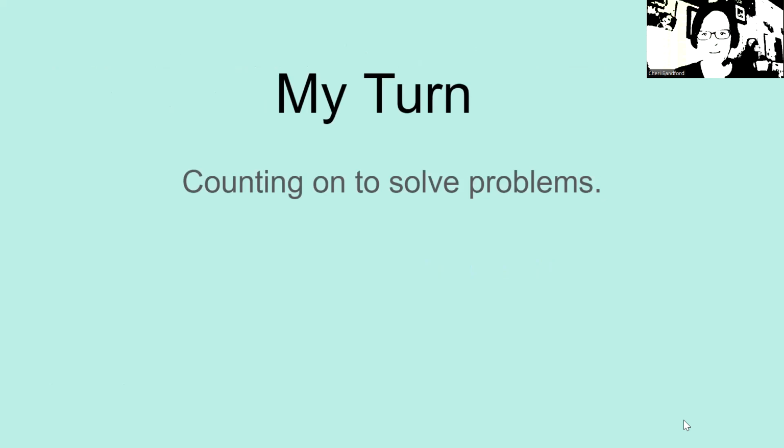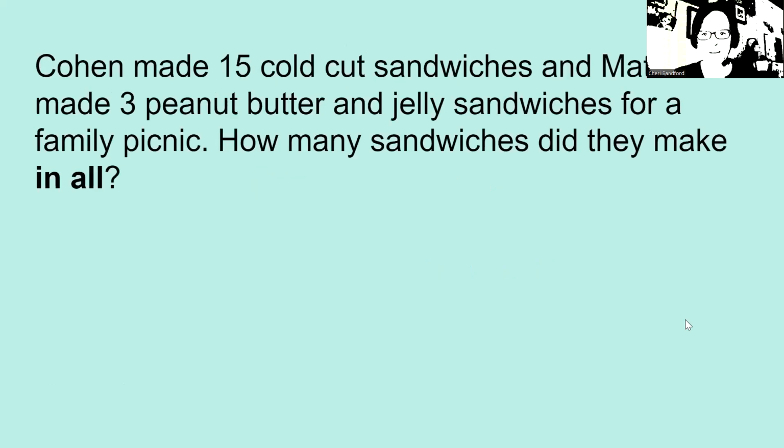All right, this time I'm going to use my thinking brain to figure out how to count on to solve my problem. Cohen made 15 cold cut sandwiches, and Matthew made 3 peanut butter and jelly sandwiches for a family picnic. How many sandwiches did they have in all? I know that in all means that we're adding, we're putting them together.